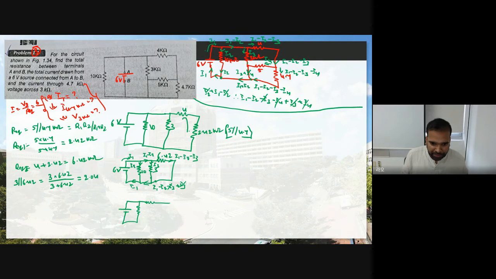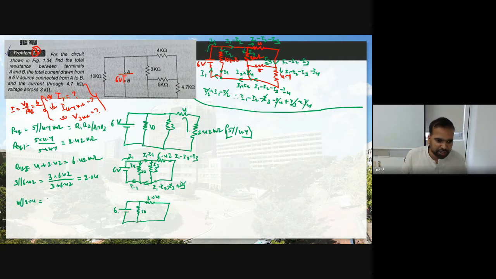Now here we are going to replace a single resistor with the value of 2.04, and this is 10, and this is 6. Now once again this 10 and 2.04 are connected in parallel. Therefore 10 connected parallel to 2.04.